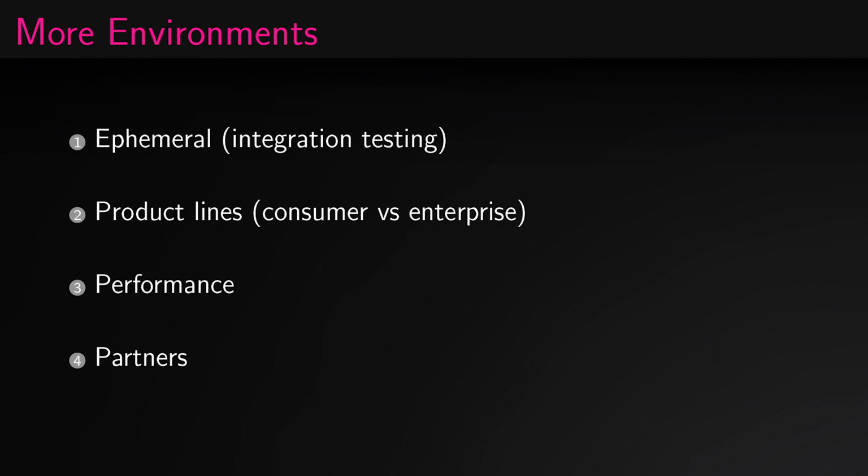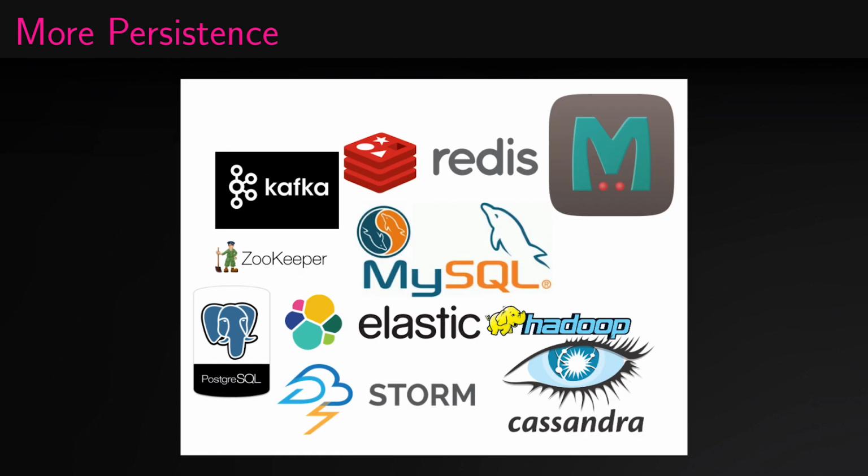We also have multiple product lines now, so there's some segregation in terms of environments that we'll need, and we need to be able to launch performance environments whenever an engineer wants to do an experiment. And we also have partner agreements where we need to launch brand new environments from scratch just for those agreements.